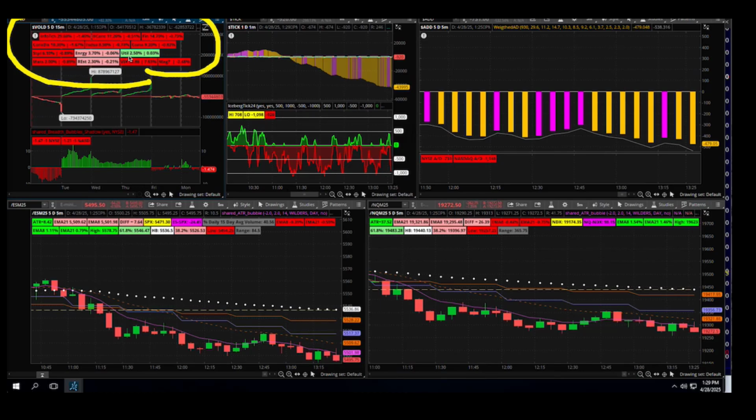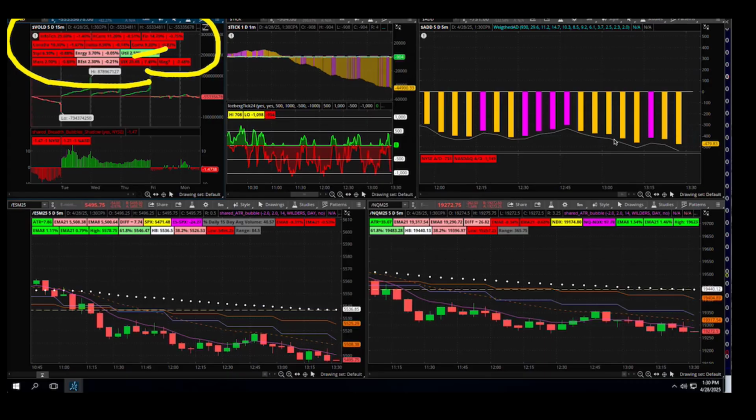The only sector that's a little green is utilities, barely. The weighted AD is pretty negative and has been negative much of the day. And if you look at the iceberg tick, how much paint has been below the zero line, I would say the internals under the hood would support that.